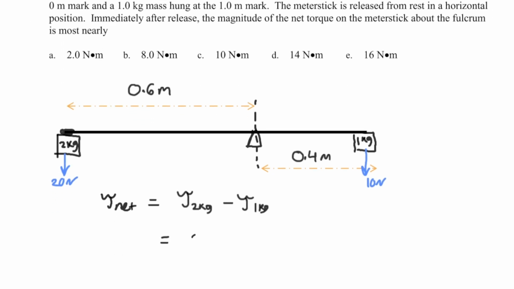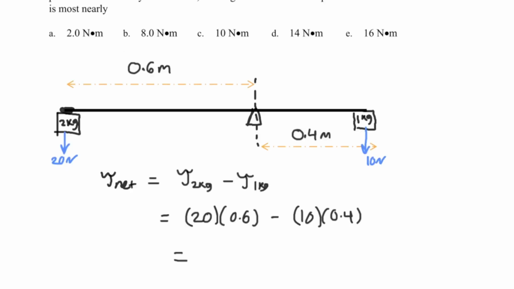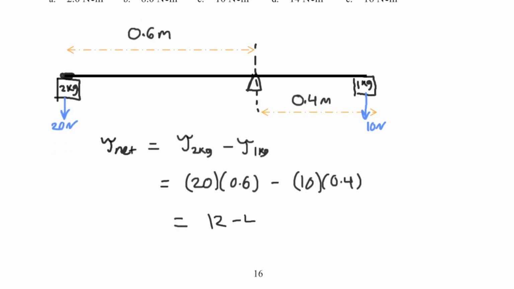So we have a 20 Newton force placed at 0.6, and then we have a 10 Newton force placed 0.4 from the pivot. And working that out, we get 12 minus 4, which is 8 Newton meters of torque.